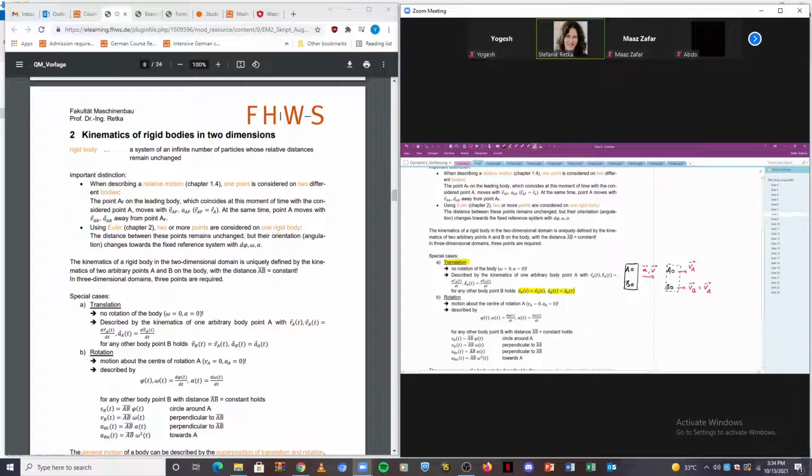The second simple form of motion is rotation, corresponding to the circular motion in chapter 1. So in case of the rotation, we are assuming that we have a rotation about one point of our object, for example, this point A. So again, I use the same object, our rectangle.